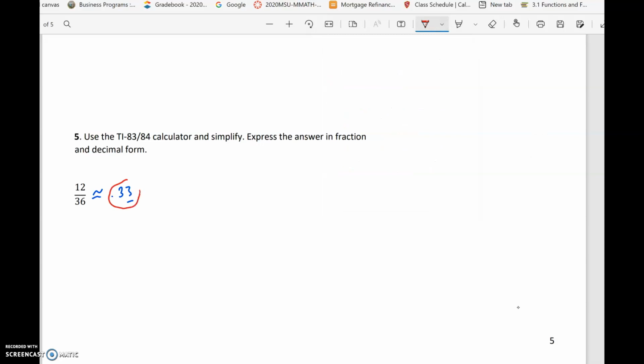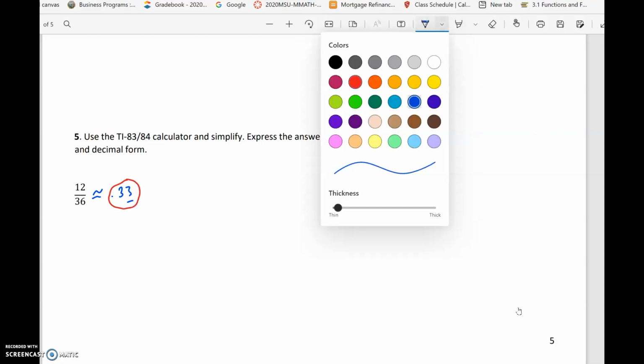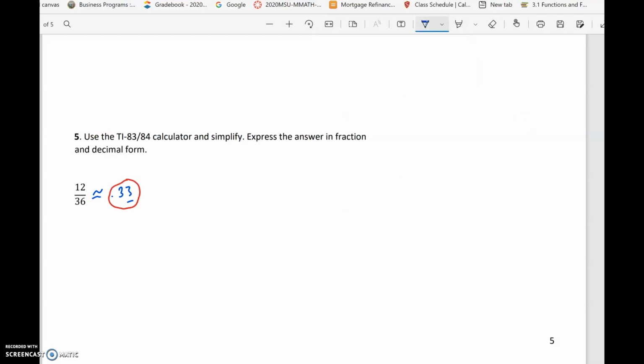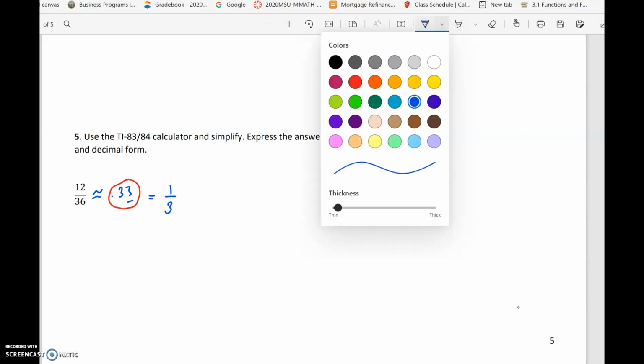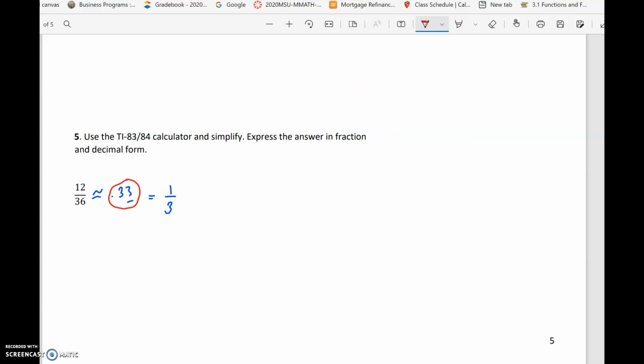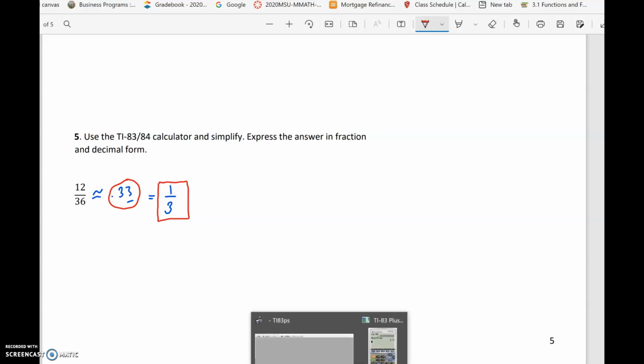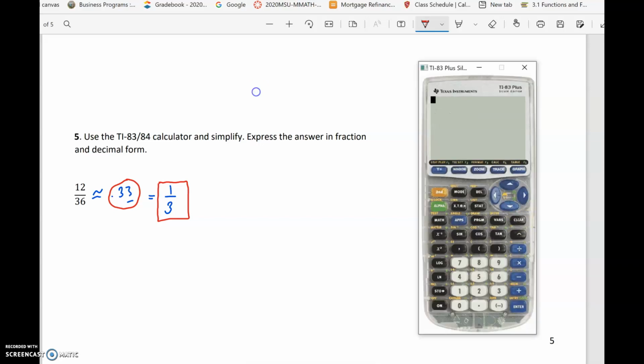And then as an exact value, you could say that this is equal to 1/3. The reason that I'm writing it as approximately 0.33 is because we're losing precision, but technically 1/3 here is approximately 0.33.